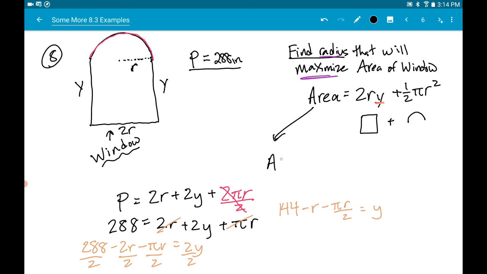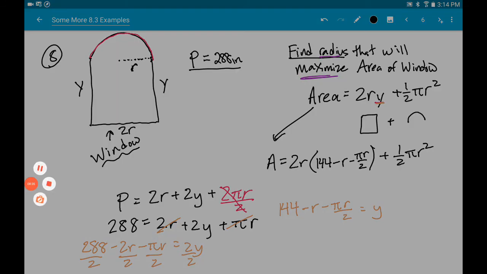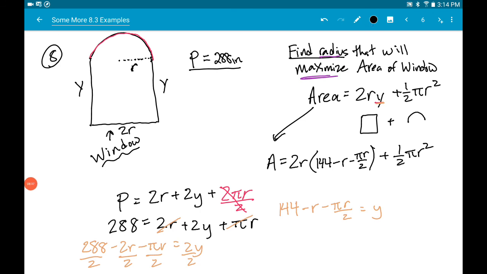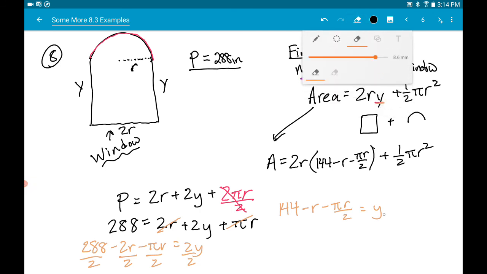So area equals 2r times y plus 1/2 pi r squared. So when you finish this, I hope you're thinking, all right, I just got to take the derivative.